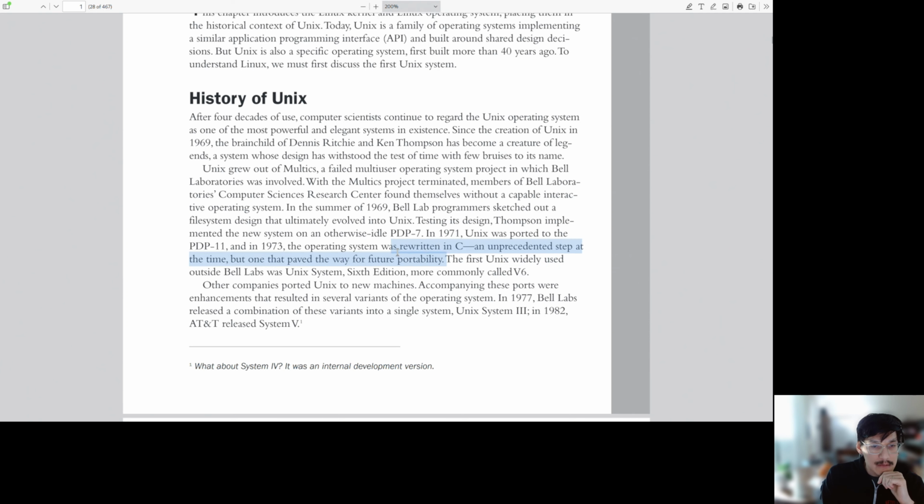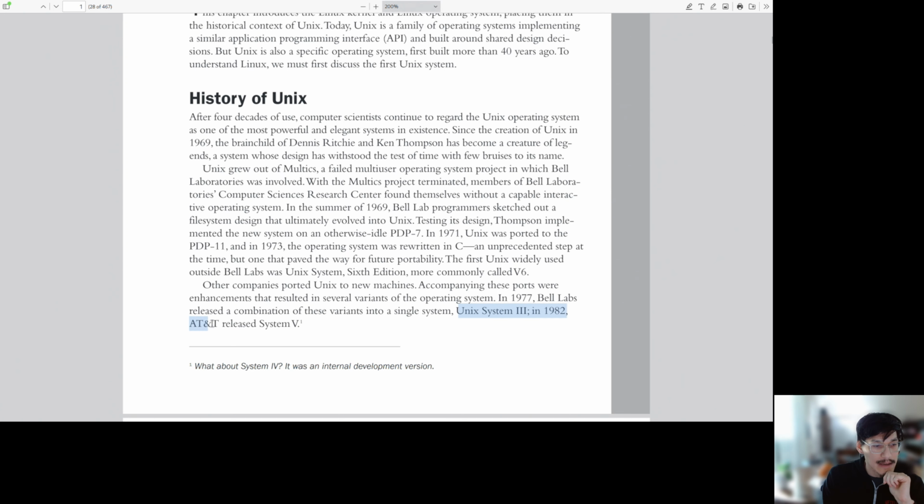The first Unix widely used outside of Bell Labs was Unix System 6, more commonly known as V6. Other companies ported Unix to new machines. Accompanying these ports were enhancements that resulted in several variants of the operating system. In 1977, Bell Labs released a combination of these variants into a single system, Unix System 3.